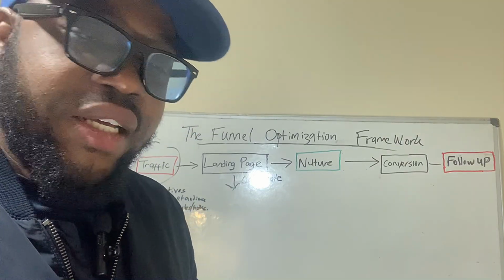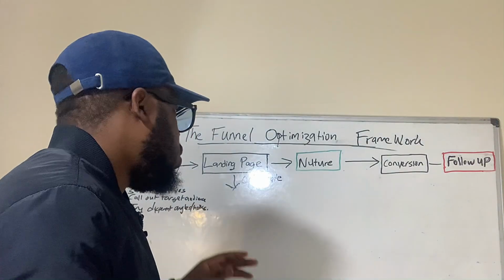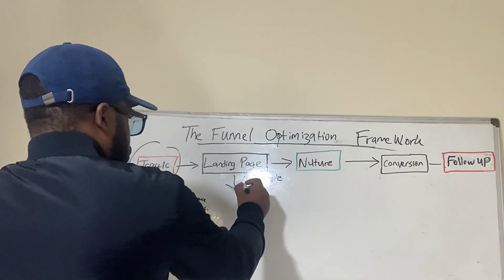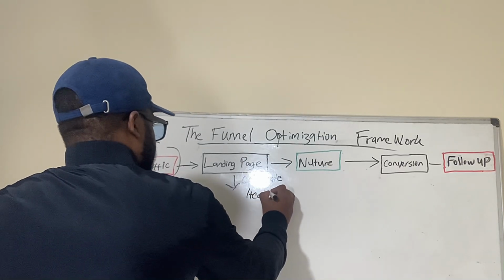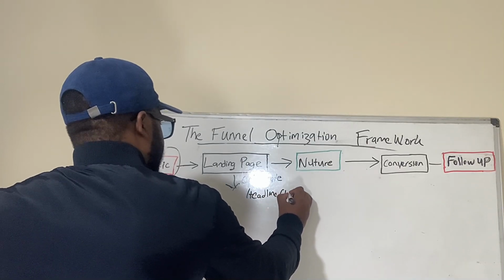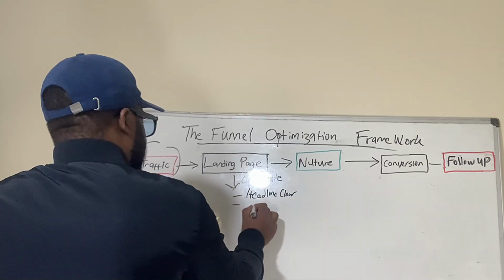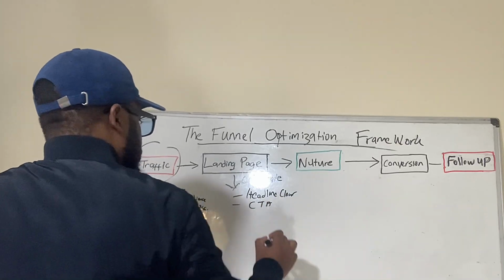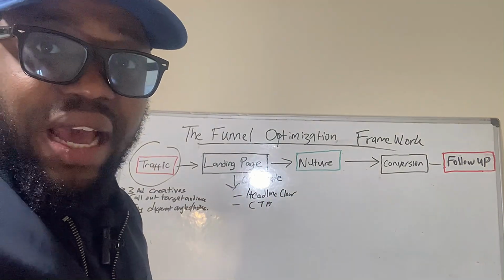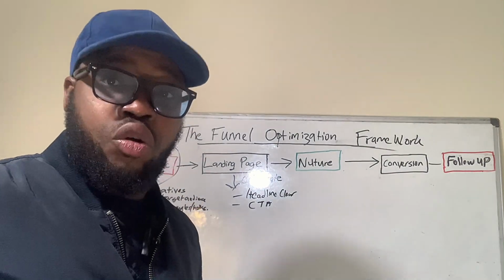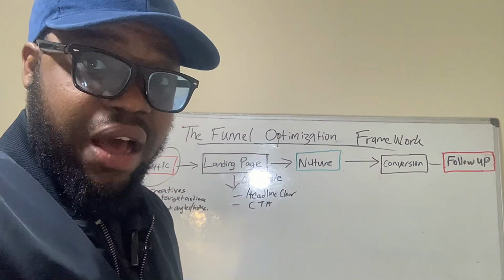So if you want to increase your opt-in rate, you have to make sure your headline is clear, and you have just one CTA, and your CTA is very, very clear as well. They know the next step that they have to take.